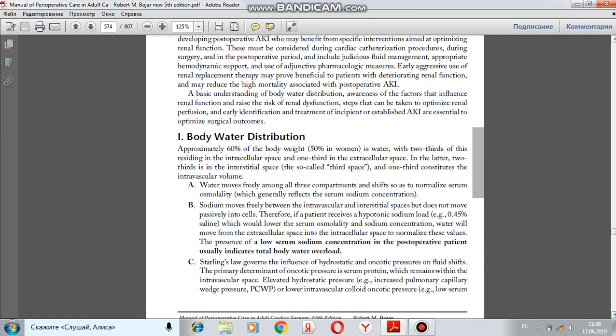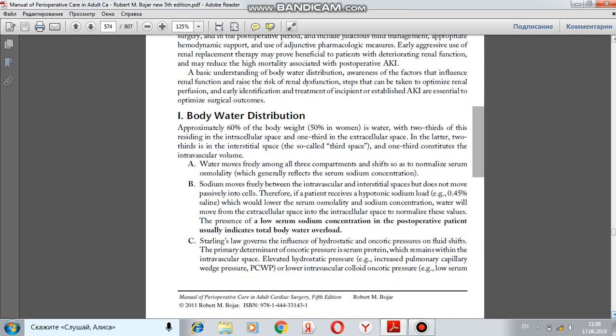Body water distribution. Approximately 60% of the body weight, 50% in women, is water, with 2/3 of this residing in the intracellular space and 1/3 in the extracellular space. In the latter, 2/3 is in the interstitial space, the so-called third space, and 1/3 constitutes the intravascular volume.